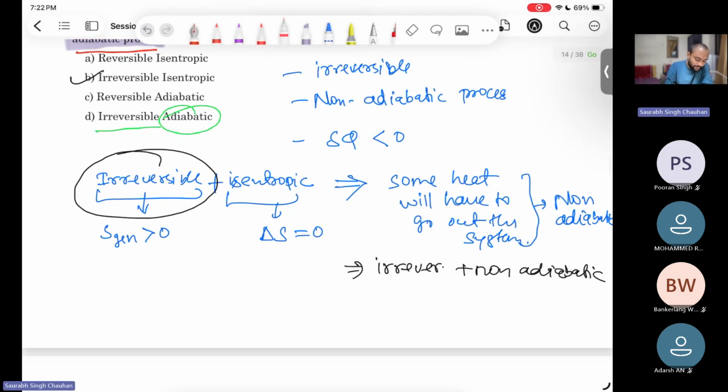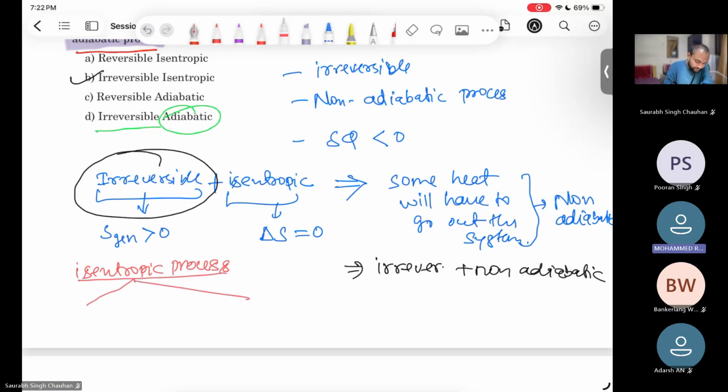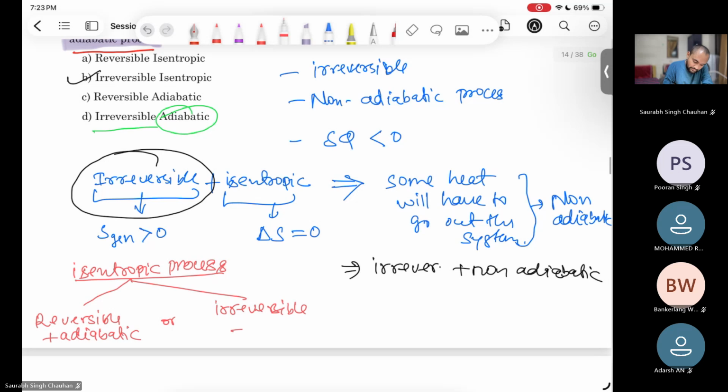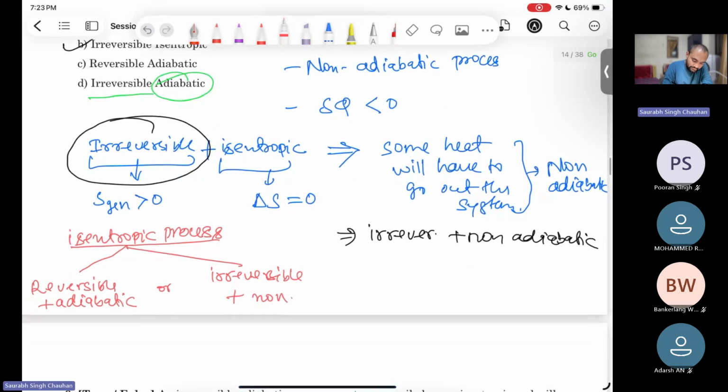So isentropic processes can be reversible plus adiabatic, or irreversible plus non-adiabatic.